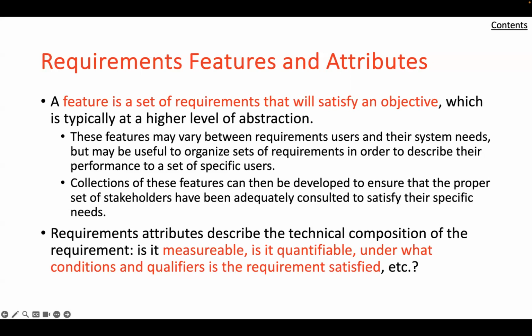Next, let's talk about requirements attributes. There are selected attributes that may describe requirements which are common throughout the literature, much of which has been emphasized on the technical composition of the requirements, as in: it is measurable, it is quantifiable, under what conditions and qualifiers is the requirement satisfied, etc. Often the quote SMART approach will accompany requirements: simple, measurable, attainable, realistic, and time-bound.